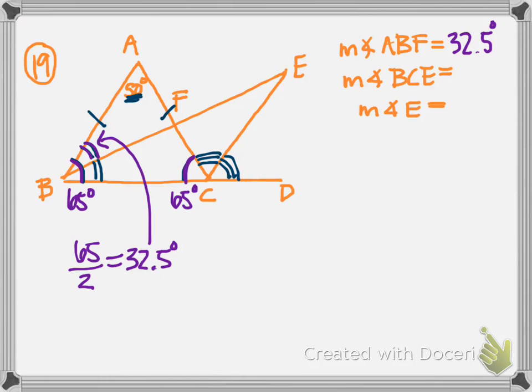BCE is the 65 plus whatever this is. Well, I know that that angle is congruent to this angle. So basically, the three angles, the 65 with those two, should add up to 180.